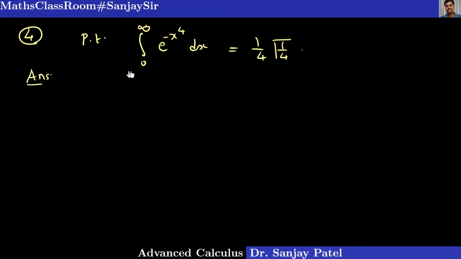So in the left hand side integral, I want to take some substitution to have some known formula. If I take say x raised to 4 is equal to t, what I will get is dt is equal to 4 into x cube dx.